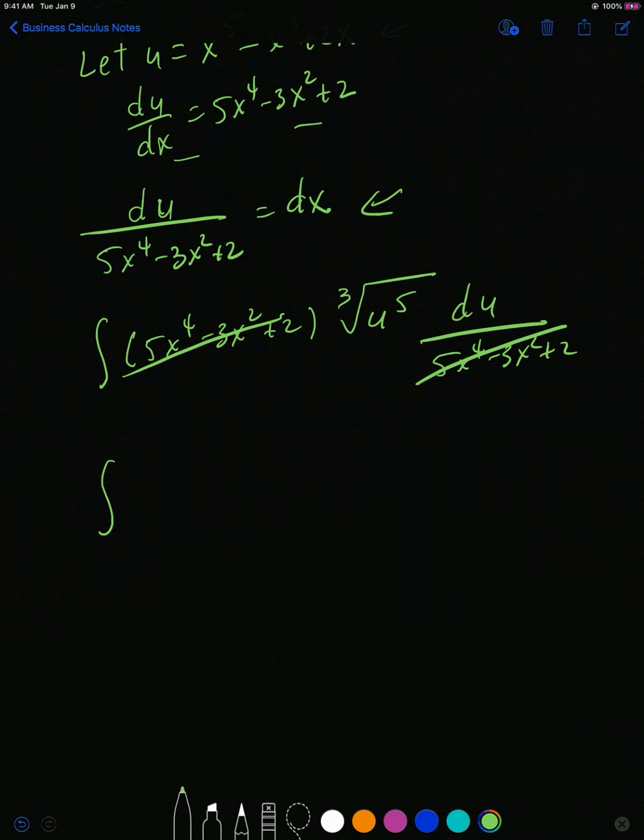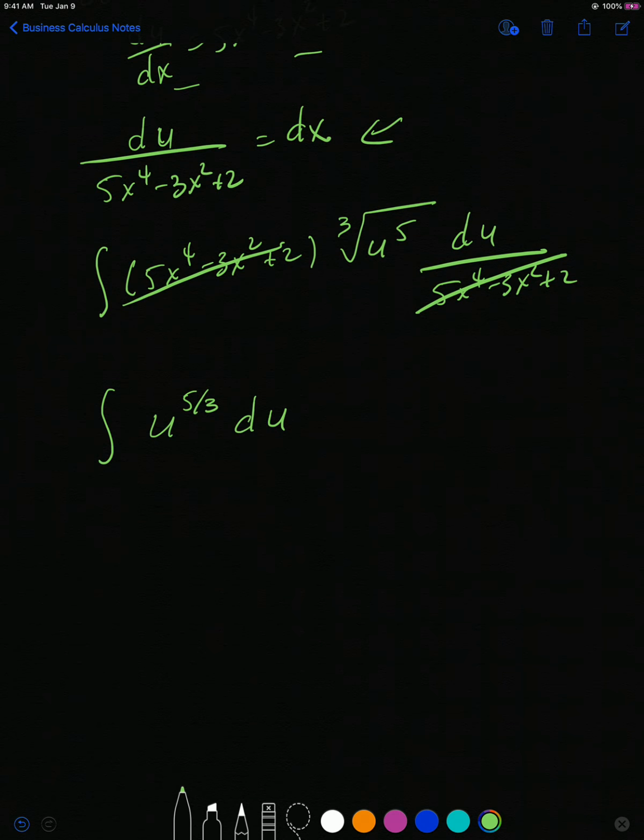I have an integral of the cube root of u to the 5th, which I'm going to write as u to the 5/3 du. You add 1 to the power, so 5 plus 3 is 8. So it's u to the 8/3 divided by 8/3, plus c.